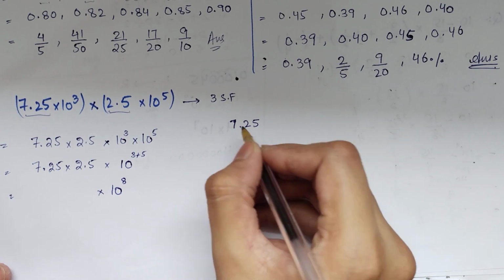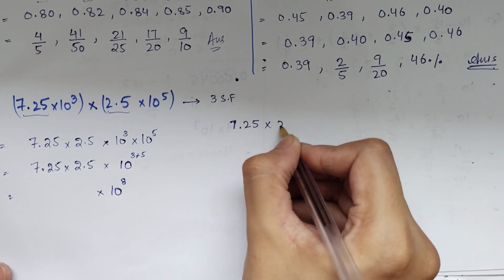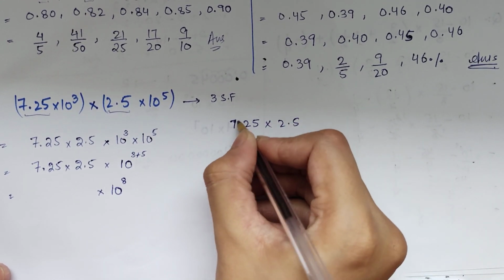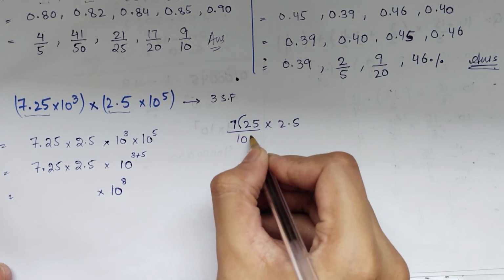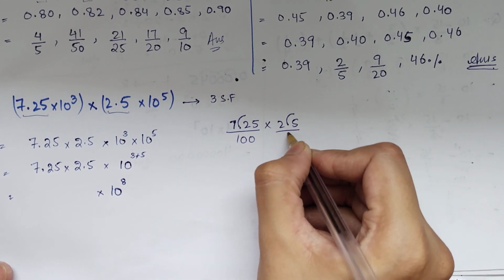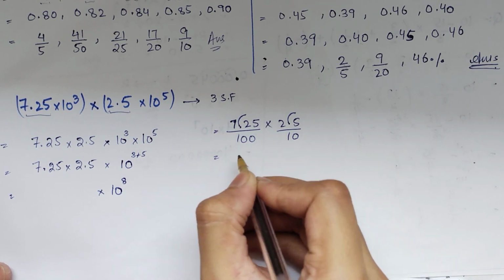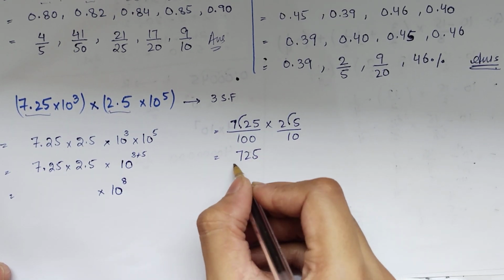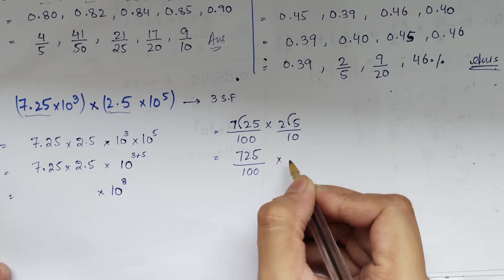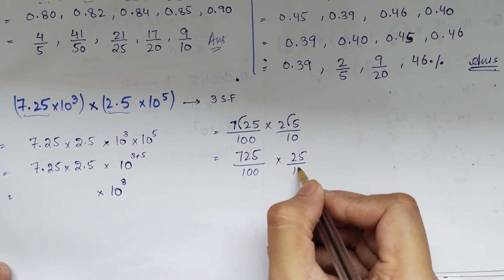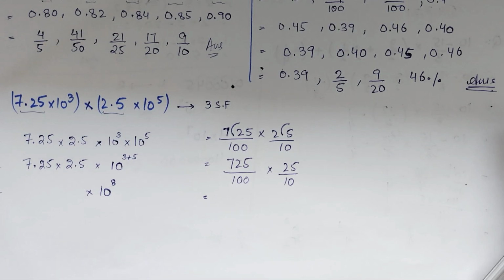7.25. You can also multiply it by removing their points. Divided by 100, removing its point, divided by 10, it becomes 725 over 100 multiplied by 25 over 10. Here the cutting is possible.